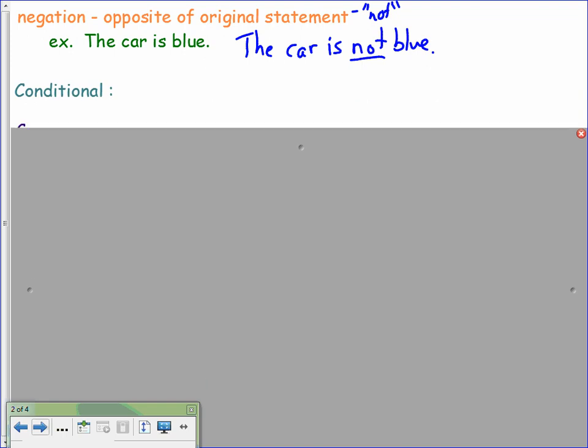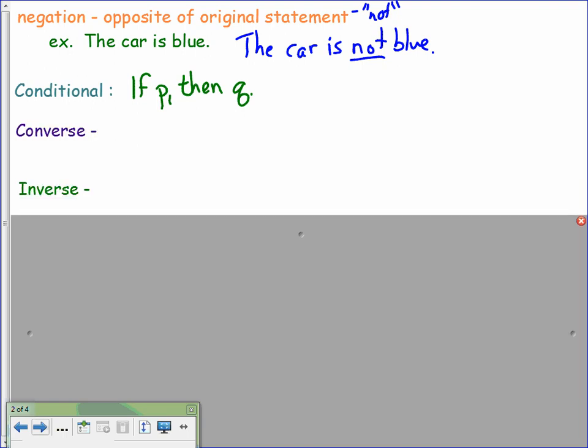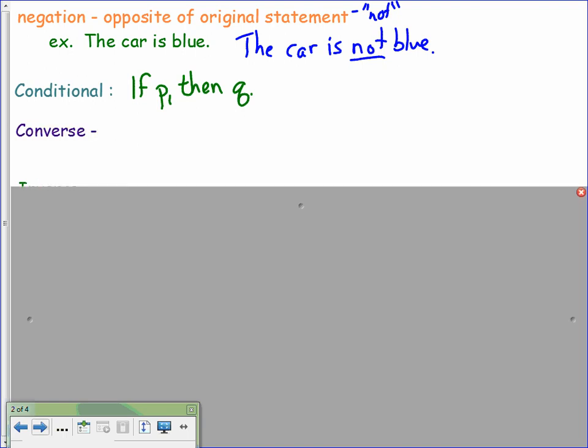Alright, we've already talked about the conditional statement. It is written if P, then Q. We are going to use this for our definition of each type of statement. The first one is the converse statement, in which we will switch the hypothesis and conclusion.